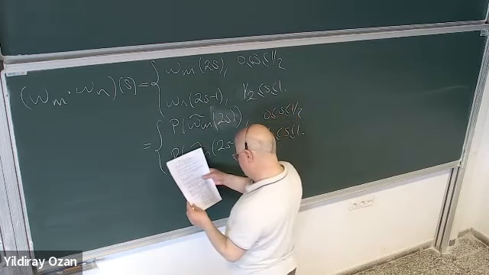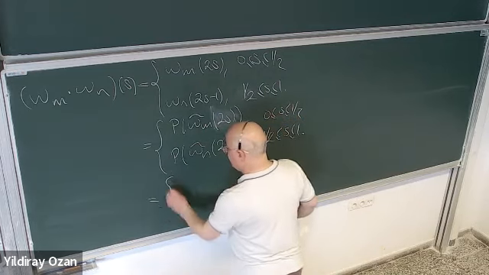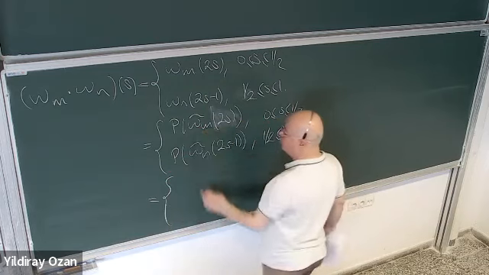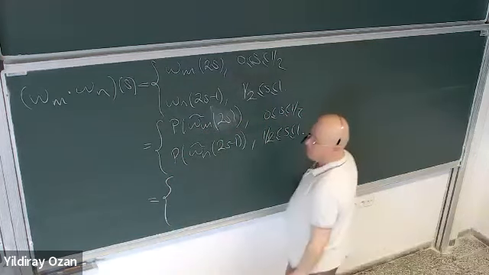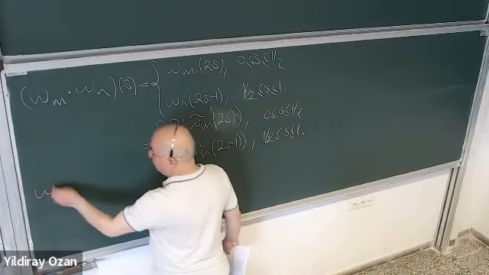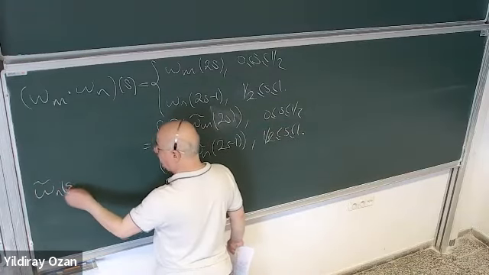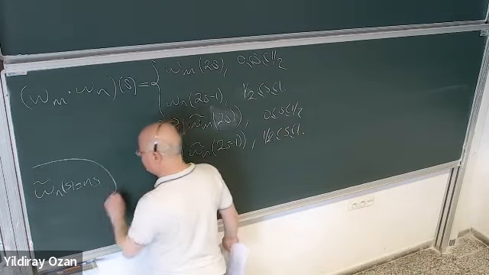Then what? I can just write down what Wm is. Wn tilde of s is just n times s.